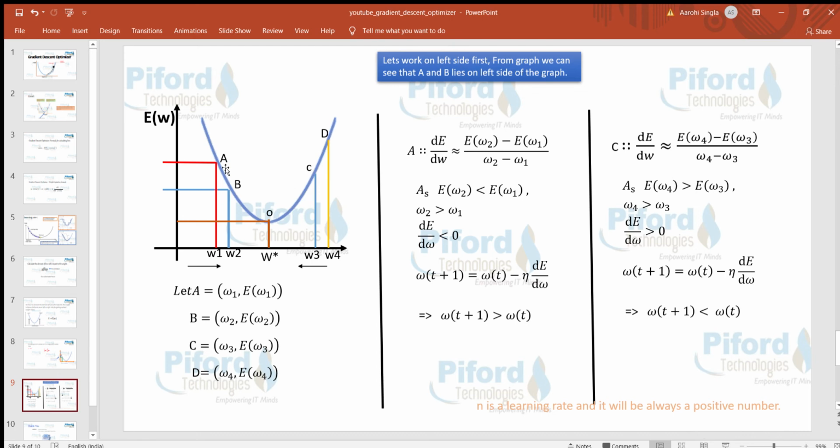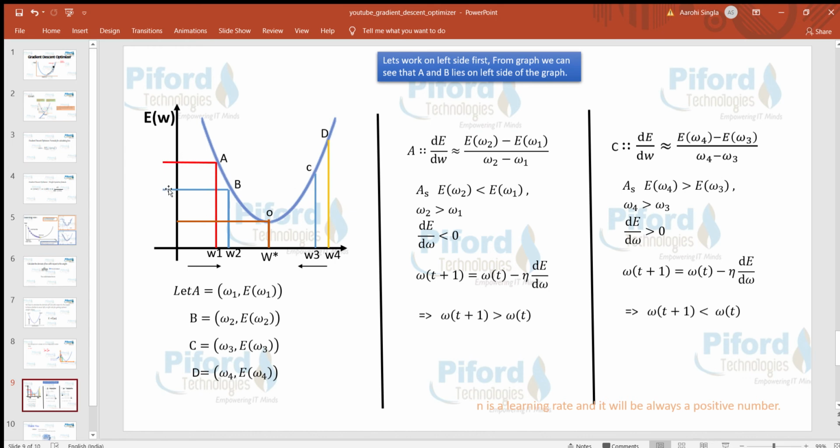So suppose I calculate the error of W2 minus error of W1 by W2 minus W1. Over here, this is W2 and error of W2 is here, and this is W1 and error of W1 is here, right?